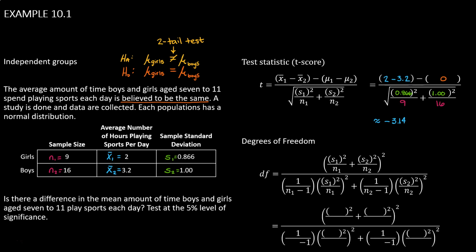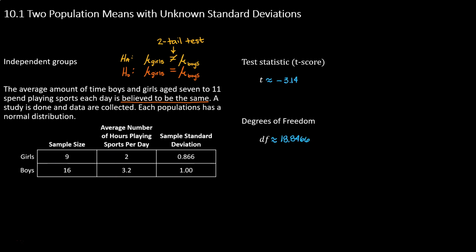So again, we're just plugging in the values that we have from our sample. And when we throw this calculation into a calculator, we find our degrees of freedom is approximately 18.8466.